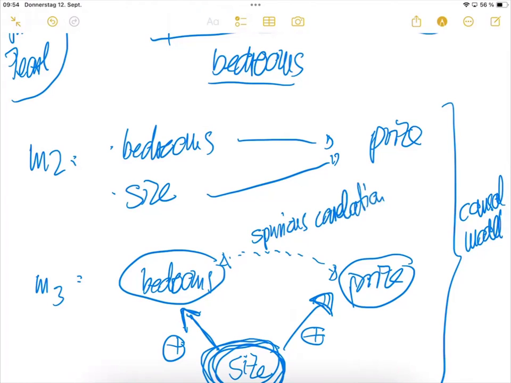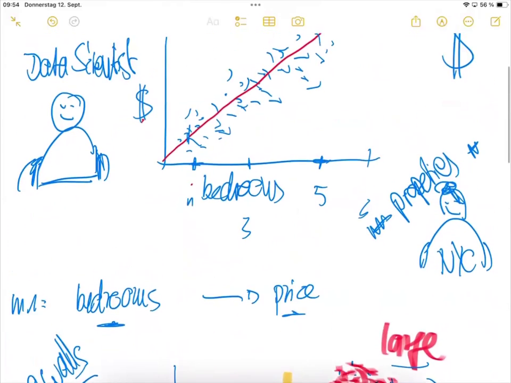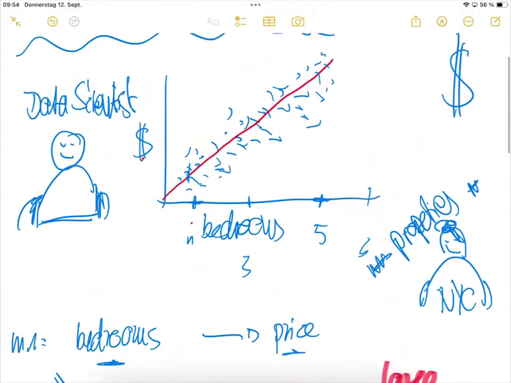Spurious correlation means there is an association, a correlation, but it's not causal. That's the definition of spurious correlation. So we end up with three models. And the thing is, just seeing regression, either the coefficients, the numbers, or the diagrams, which at the end of the day is basically the same story, right?